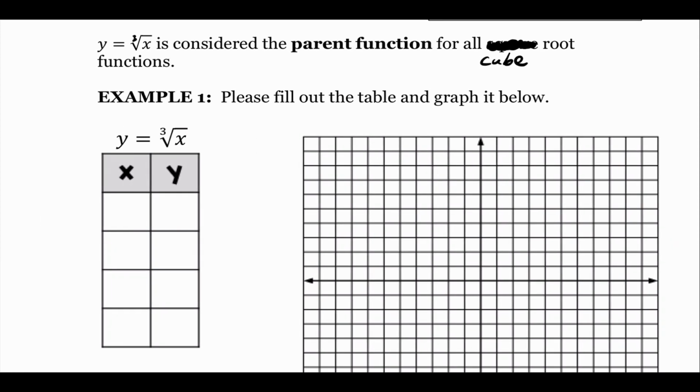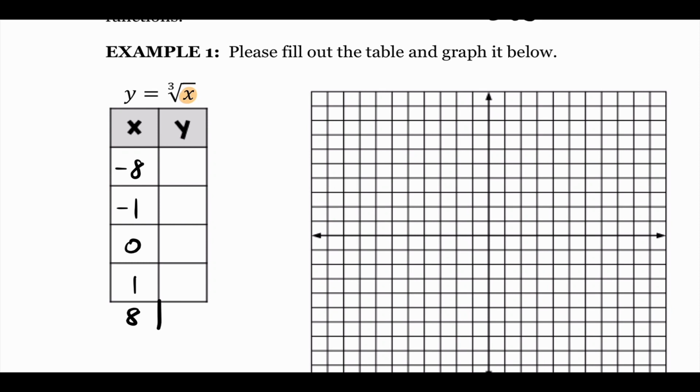Yesterday, we figured out which numbers to plug in, right? We looked at our list to figure those out. But we're not doing squares today. We're doing cubes. So the numbers I'm going to plug in are -8, -1, 0, 1, and 8. I'm going to pick an extra one today, and I'll tell you why in a second. Why am I choosing these numbers? Because they're all perfect cubes.